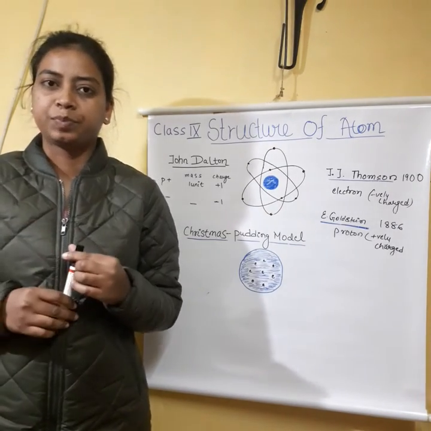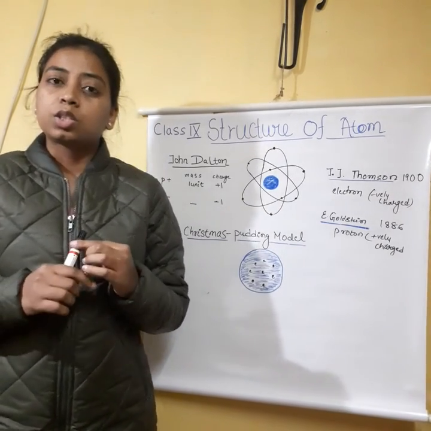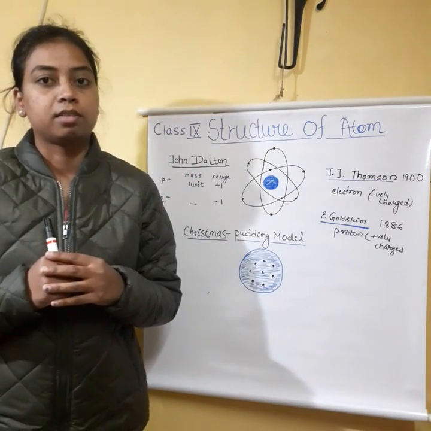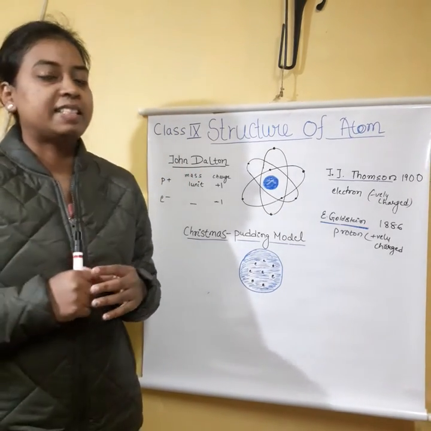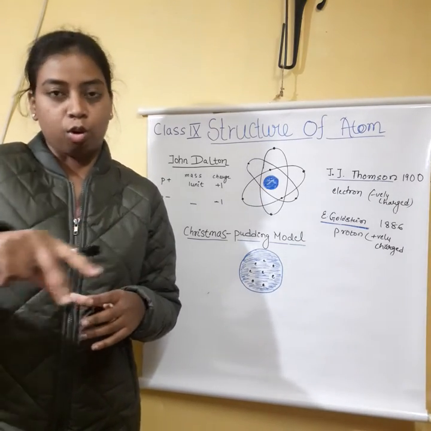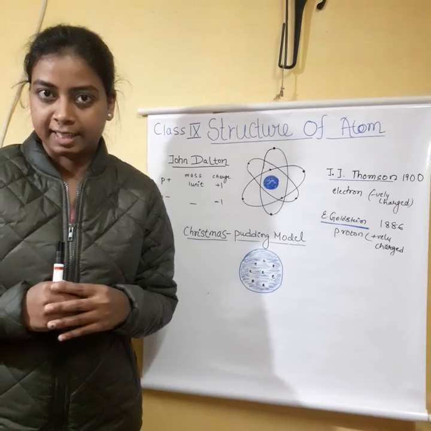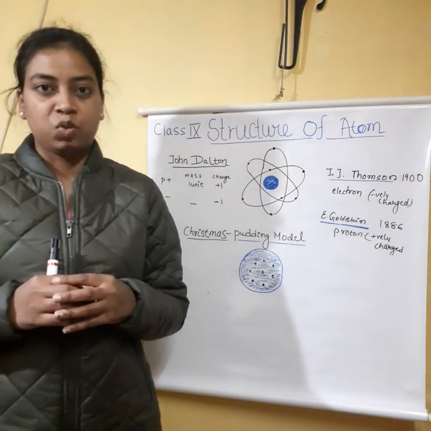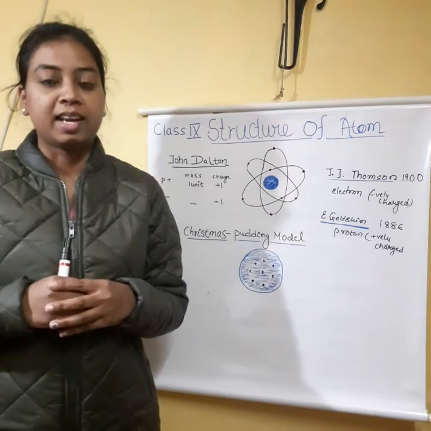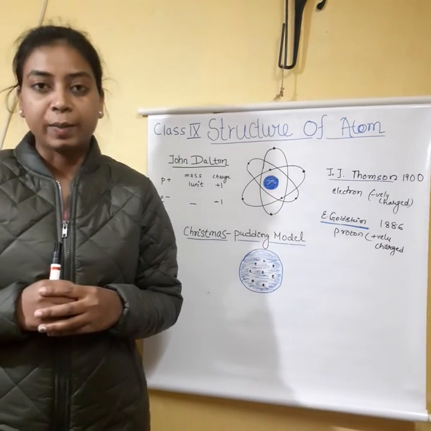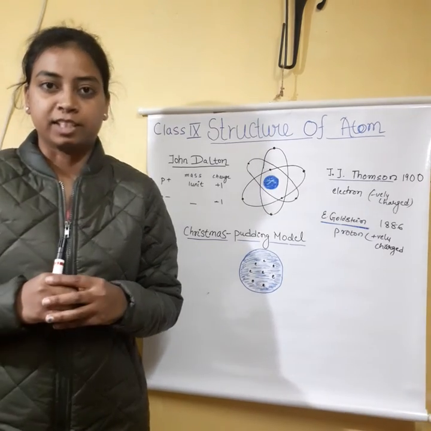According to him, the structure of the atom is very similar to that of a Christmas pudding. You must have seen a Christmas pudding. There are dry fruits spread all over the pudding. So he said that these dry fruits or the cherries which are spread all over the pudding are the electrons or negatively charged particles embedded in a positive sphere.